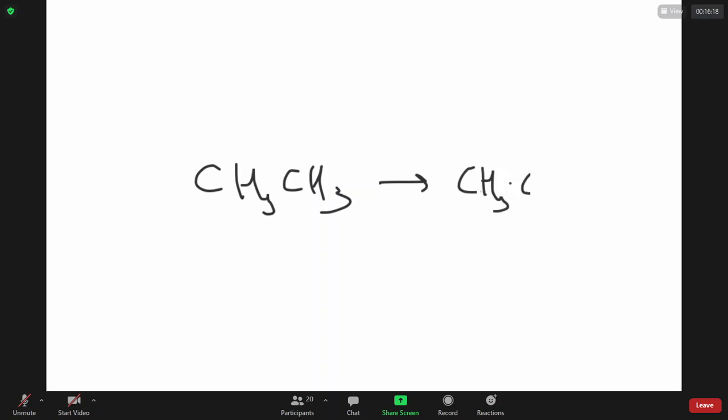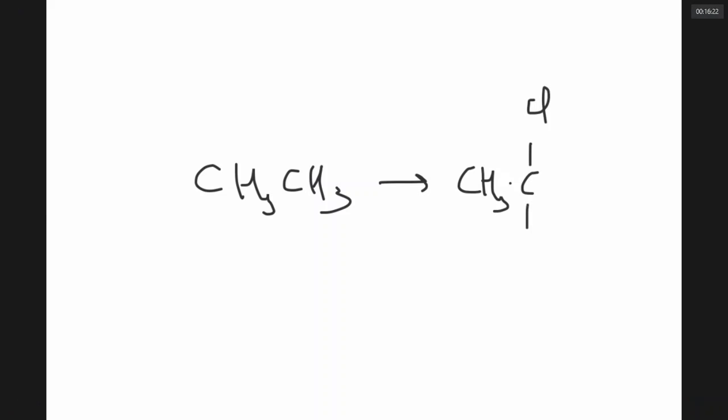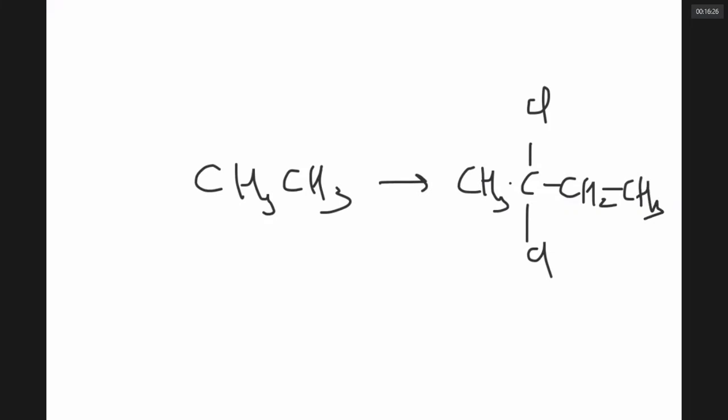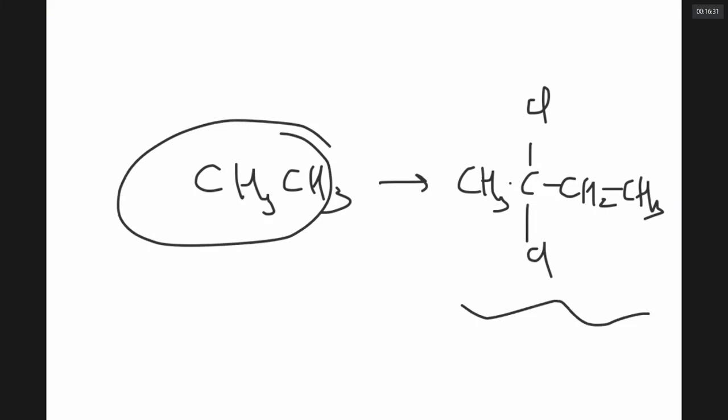You try to take this task. How can you bring about this change? I want you to convert ethane to 2,2-dichlorobutane. All of you take 2 minutes and try to work it out.